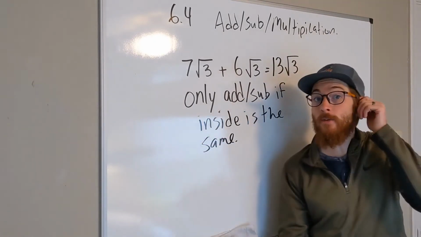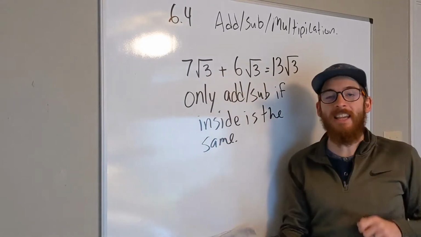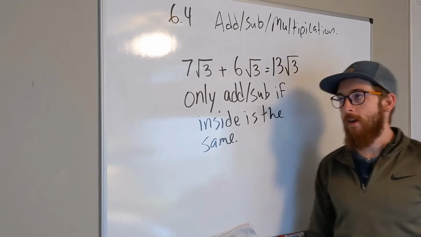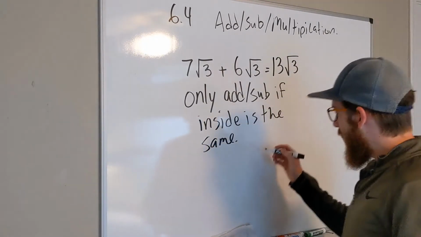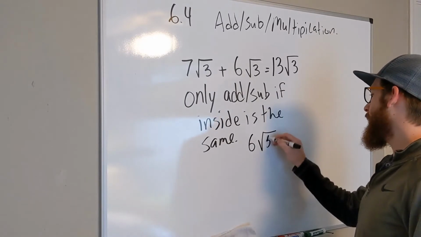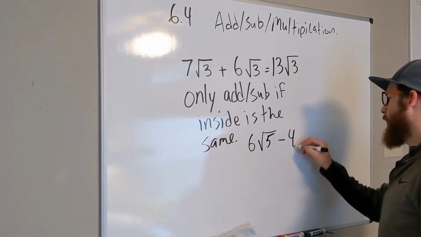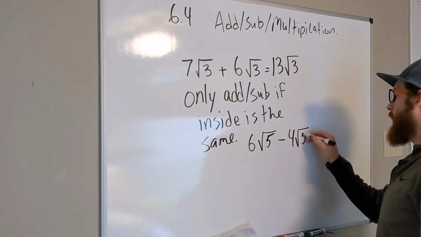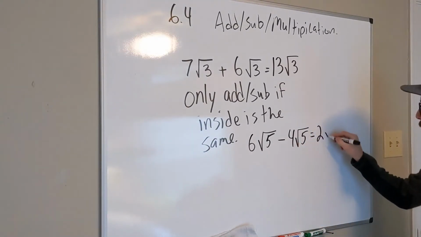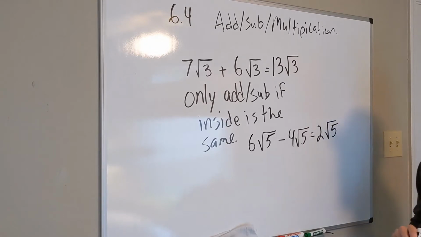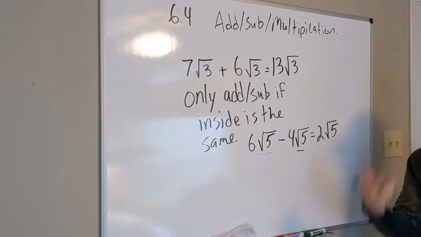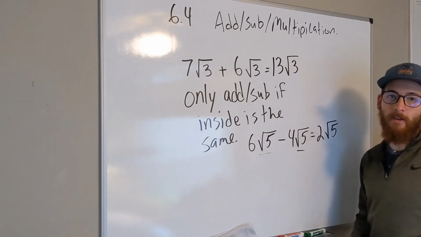We can only add and subtract these kinds of pieces if the inside is the same. Well, let's look at another example then. How about 6 square root of 5 minus 4 square root of 5? Well, 6 minus 4, 2 square roots of 5. So once again, the inside piece was the same, so we can put them together.